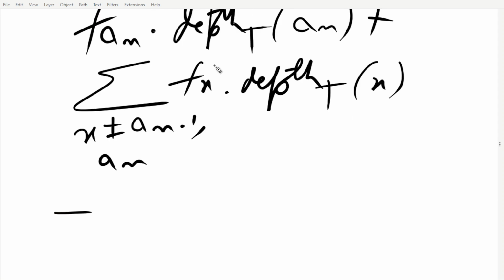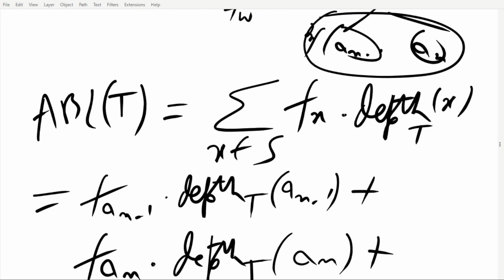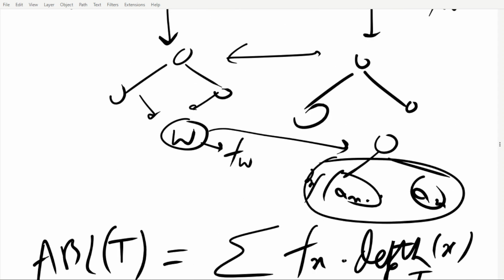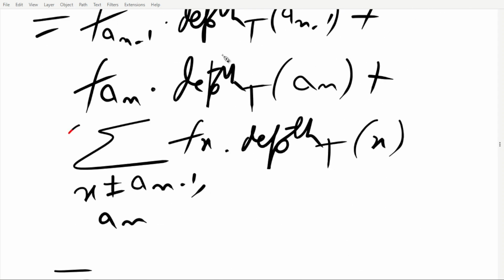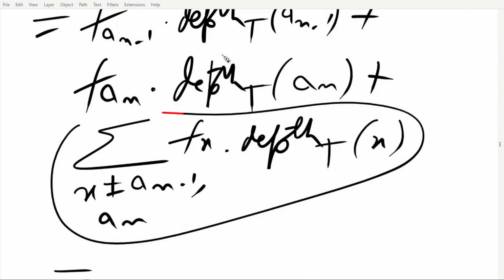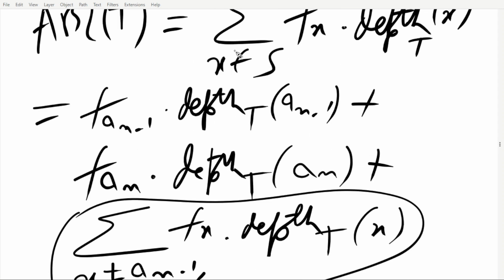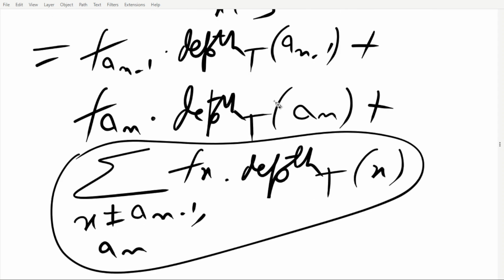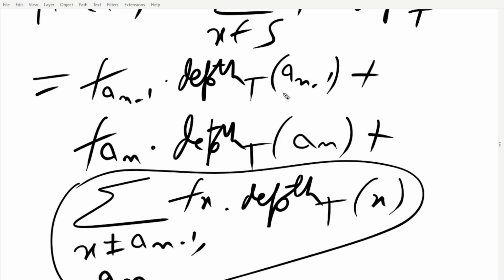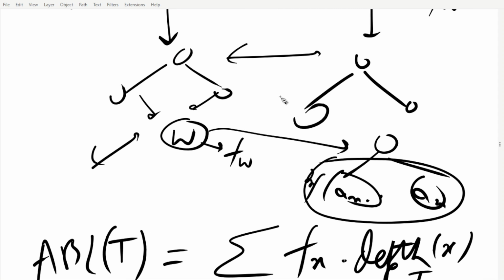Now the same thing we convert back into the expression for t prime. So for t prime, this term is identical, the only difference we get is in these first two terms. So how do we write the first two terms? Once again just compare depth of w with depth of an minus 1 and an.